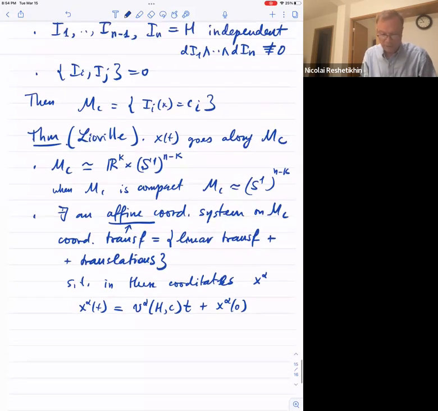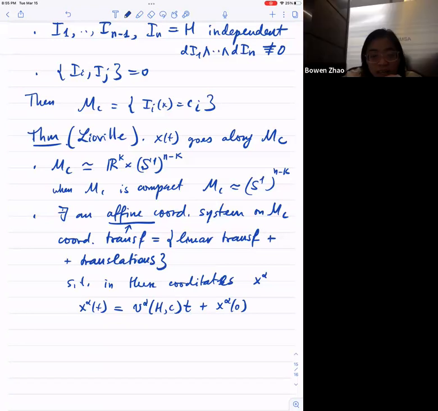And an amazing fact is there are plenty of such systems. This is one of my favorite subjects: classical and quantum integrable systems. So these are classical Hamiltonian integrable systems. What is k here?